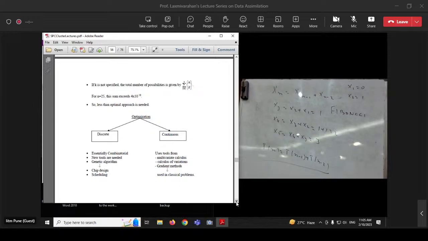I want to find the shortest path to go from point A to point B. That's a discrete optimization problem. Why? The number of distinct paths from point A to point B is finite. Are you with me? You are limited by the existence of roads. So I'm trying to minimize over a finite set of objects. That is discrete optimization. I hope you're with me now.